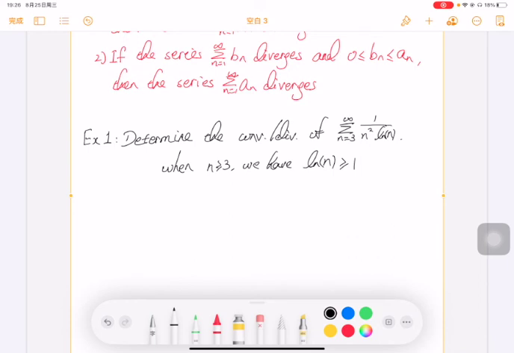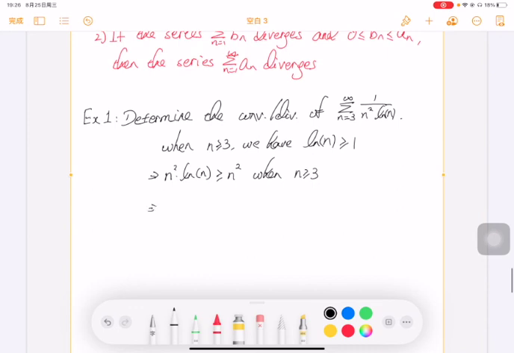That means n squared times ln of n is larger than or equal to n squared when n is larger than or equal to 3.